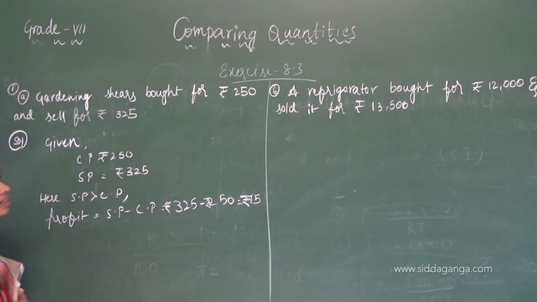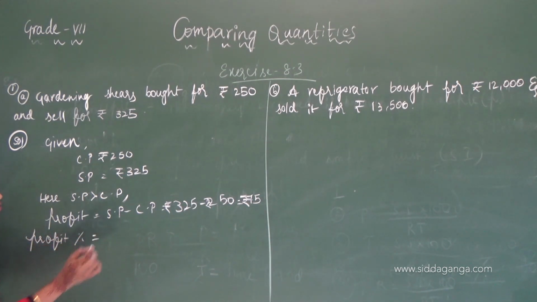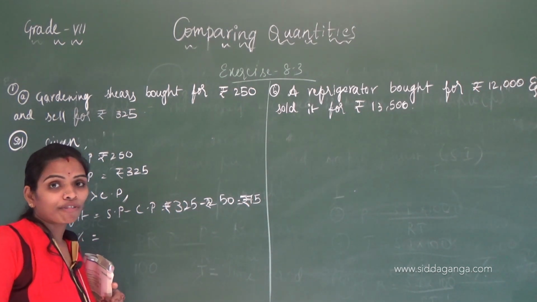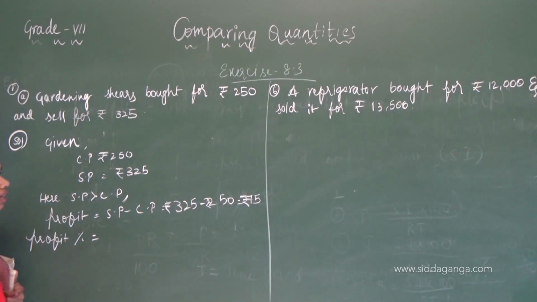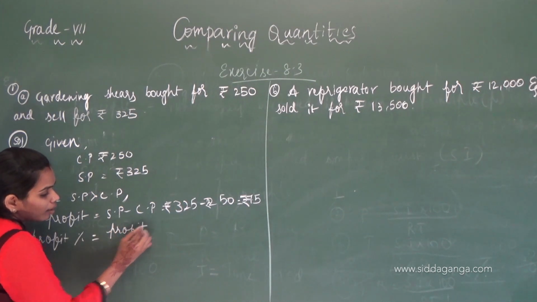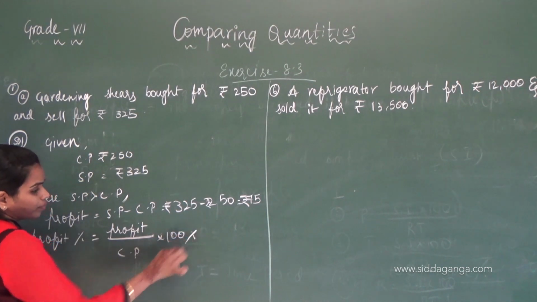Okay, since we are getting a profit here, they are asking us to find the profit percentage. What is the profit percentage formula? Profit divided by CP into 100.